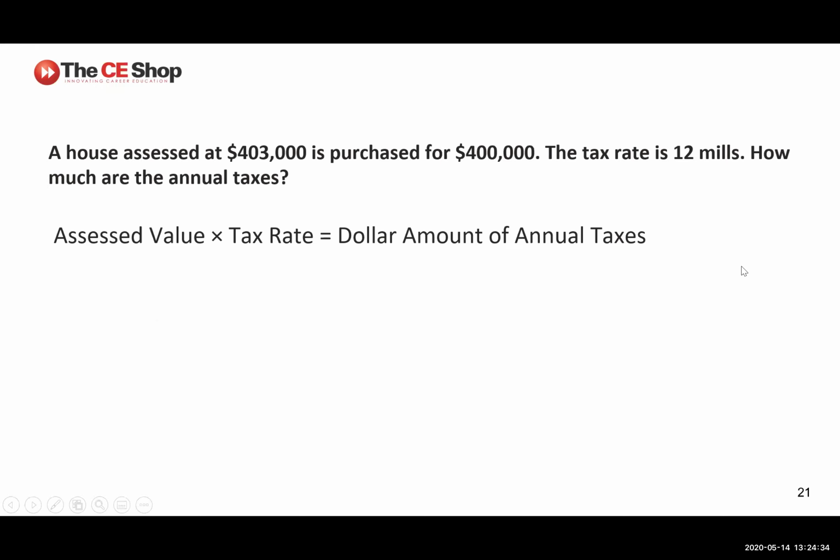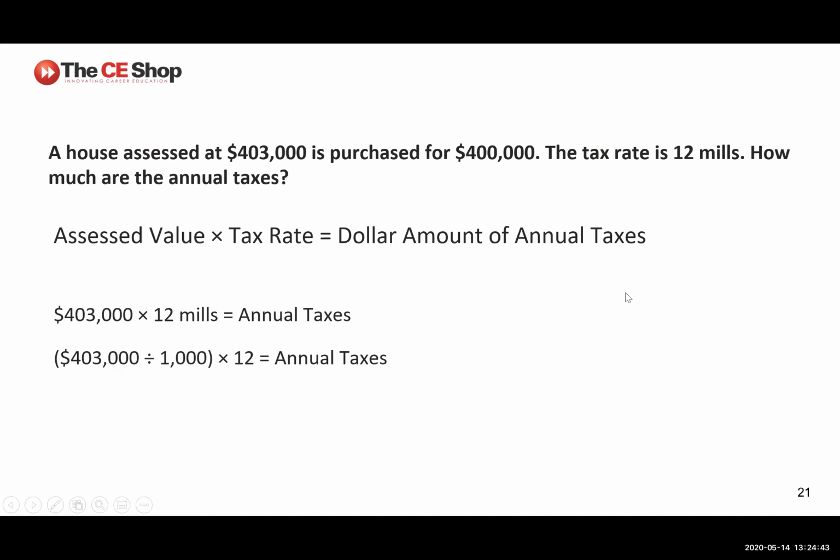You've got the $403,000 multiplied by your 12 mills to come up with your annual taxes. Since your tax rate is per $1,000, you're going to divide the $403,000 by 1,000 and then multiply that by 12 for your annual taxes, which comes out to 403 times 12, or $4,836.